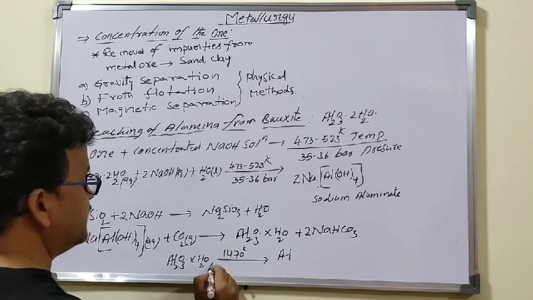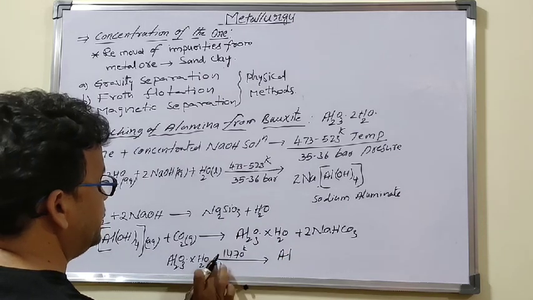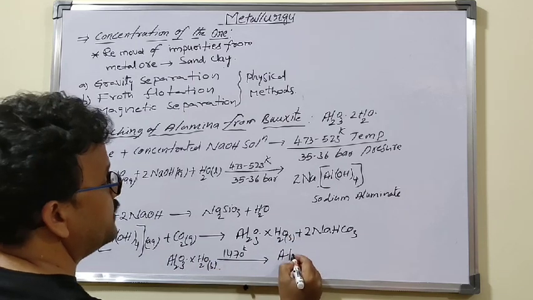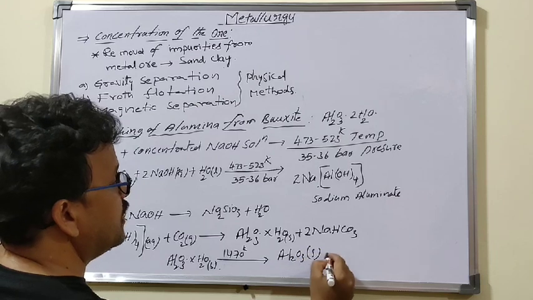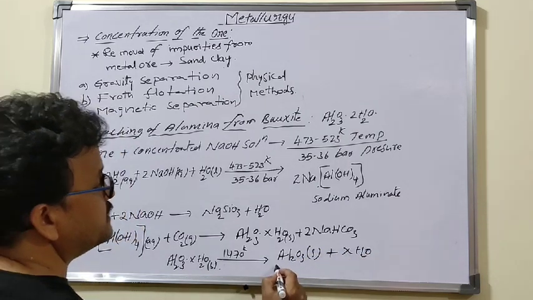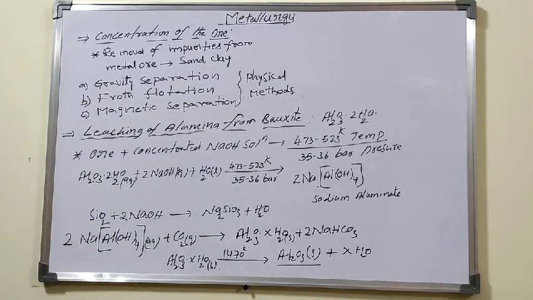This is aqueous, and this is solid in form, and you are getting Al2O3 solid and water. Concentrated Al2O3 is going to be collected. This is the leaching process, especially leaching of bauxite to get alumina.